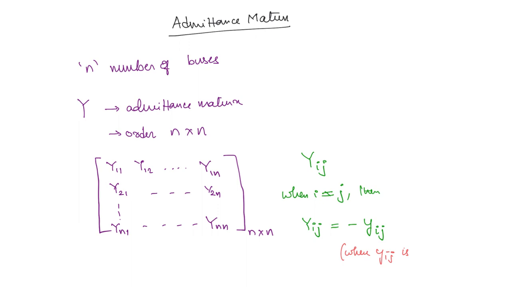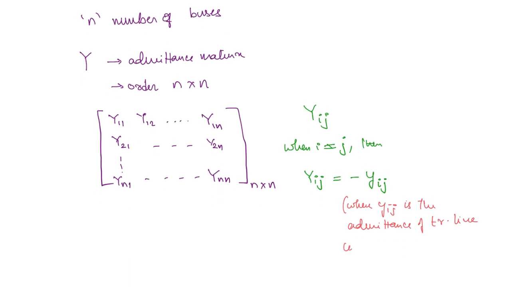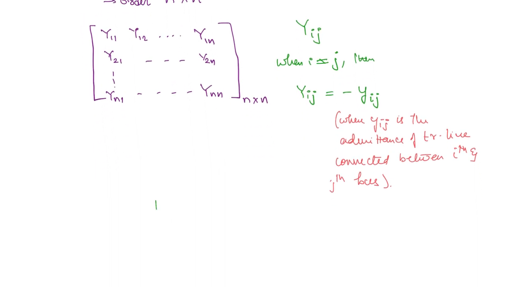So here small yij is the admittance of the transmission line connected between the ith and jth bus.